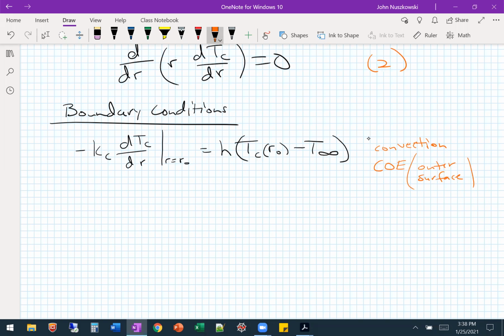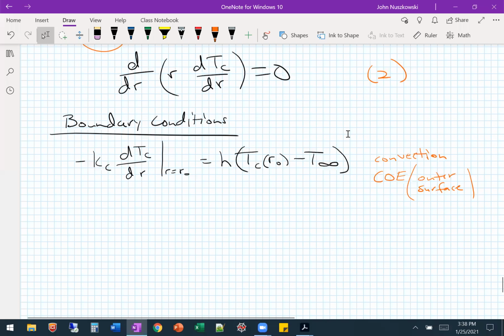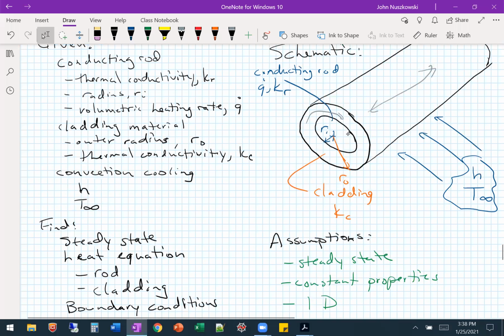We need 3 more. If we applied a COE on that outer surface, we would see that boundary condition.